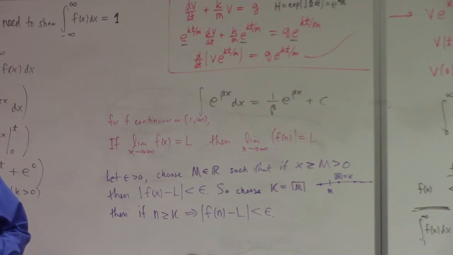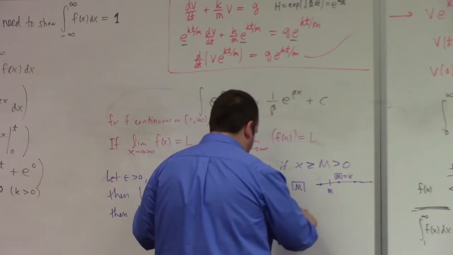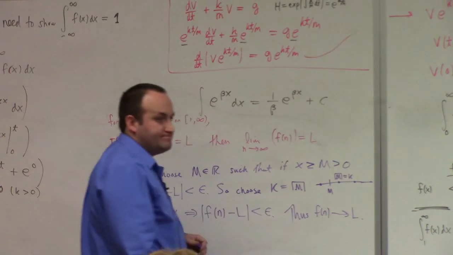I have in fact the inequality for all real x beyond that point, in particular, it applies to integers. And so that is all that's needed. Thus, f of n goes to L by definition of the sequential limit.